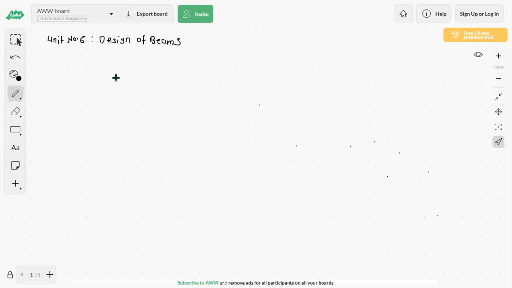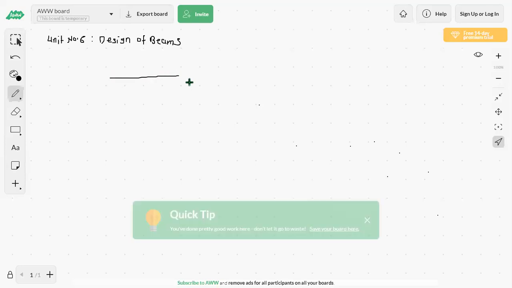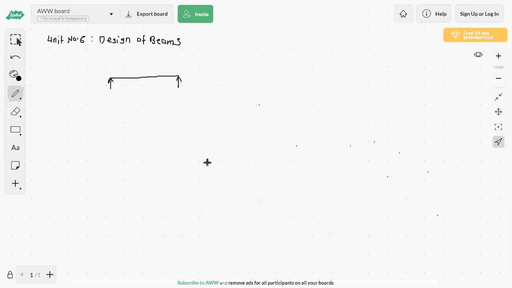As we are all familiar with the beam, if this is a simply supported beam, then we have to design this horizontal member, that is the beam. So how do we define this beam element?